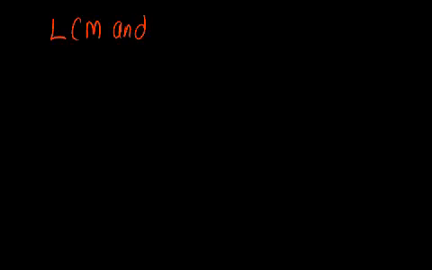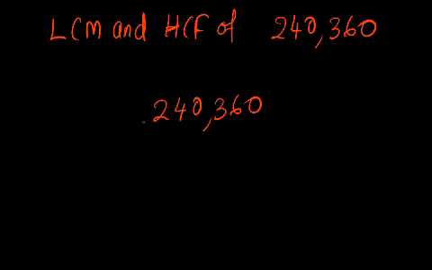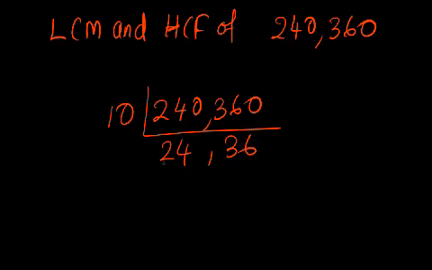I will show another example. LCM and HCF of two big numbers, 240 and 360. We can write the numbers 240 and 360. We know both numbers are divisible by 10. We can take any common factor. So 10. 240 divided by 10 is 24. 360 divided by 10 is 36.